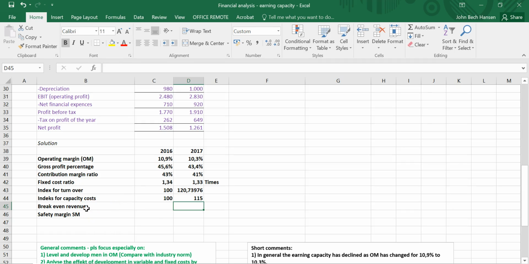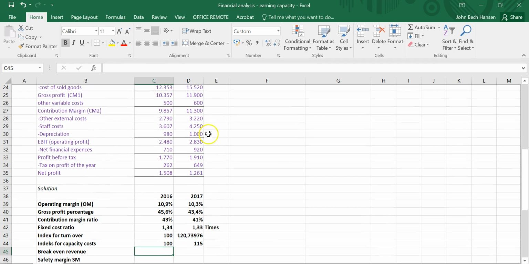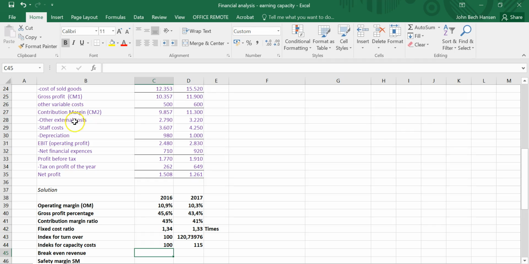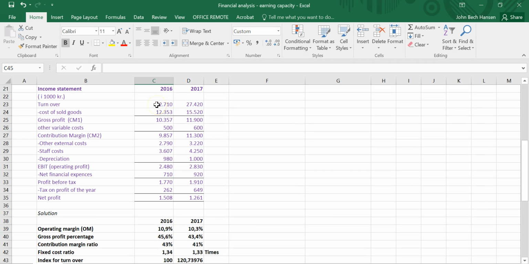Now, break even revenue. Well, how do we calculate that? How much must we sell to cover our fixed costs? Because we have to cover our fixed costs, and we'll do that by having a contribution margin similar to the fixed costs. So when the CM2 or the contribution margin is similar to all the fixed costs, then our operating profit will be zero. And the contribution margin we can always calculate by multiplying the turnover by the contribution margin ratio.